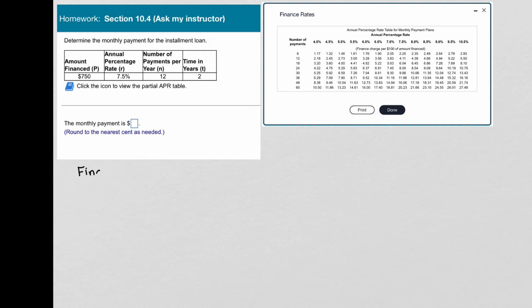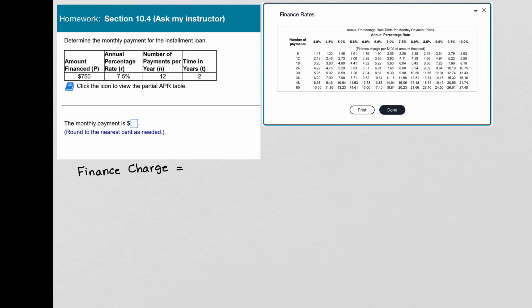So the finance charge is the amount of interest that you are going to pay during the life of this loan. Because this is a fixed installment loan and we know the number of payments that are going to be made, we can calculate the finance charge ahead of time, as opposed to a credit card where it depends on how quickly you pay it off as to how much interest you would pay.